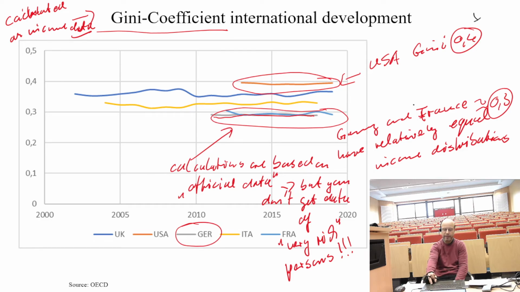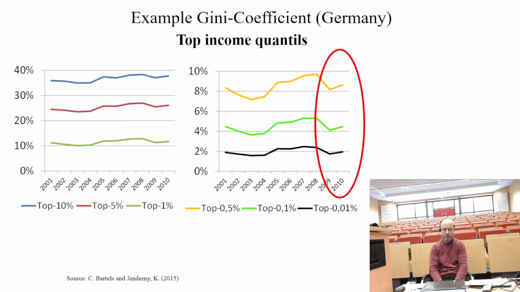And for this, I looked up a little bit, and I found here a paper of Bartels and Jedanai from 2015, and they calculated implicitly how much income of the total income of Germany have the very, very rich people. And they calculated this from public finance data, from tax data. So there you can then implicitly deduce how rich is a guy.